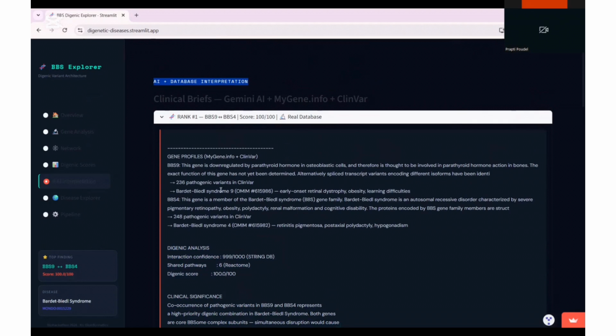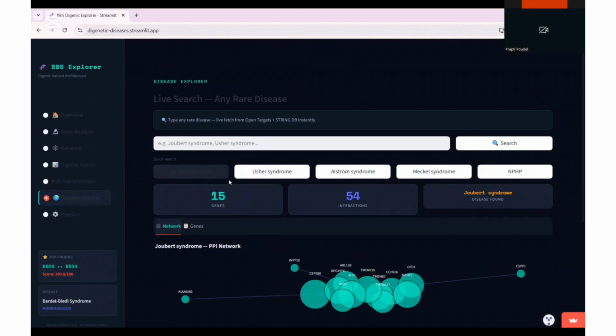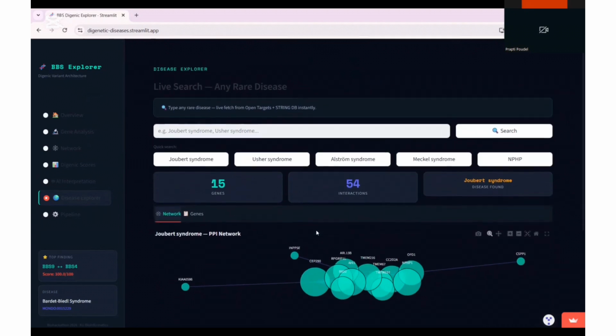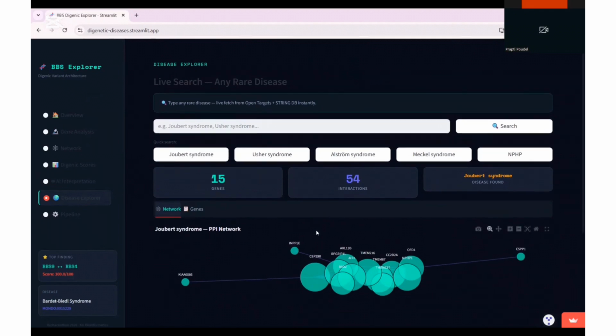Now let's see another property, which is the disease explorer. Basically, we can see the gene analysis or protein interaction of any kind of rare disease that is found. We can see any kind of gene from the above given examples.